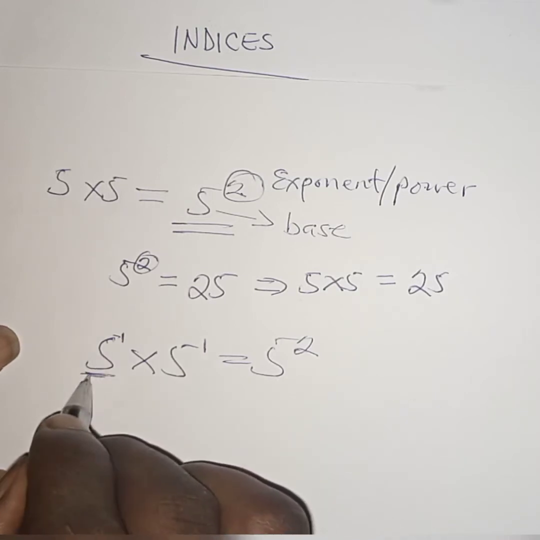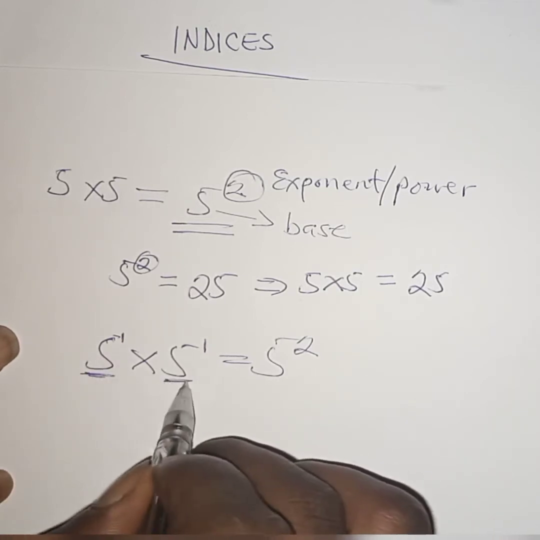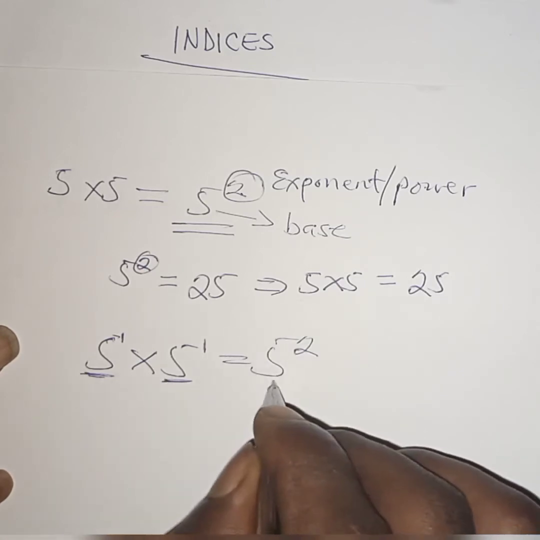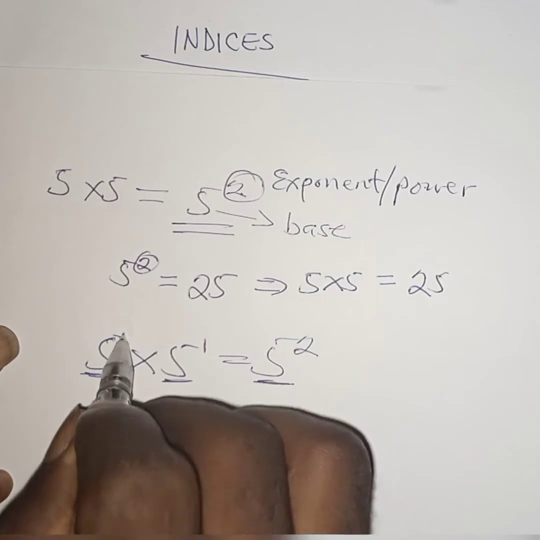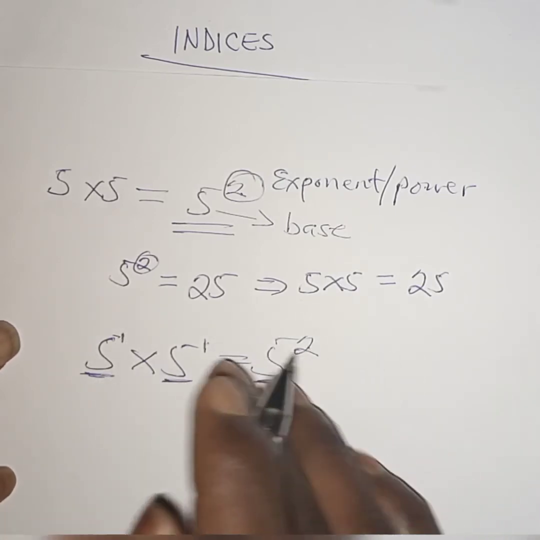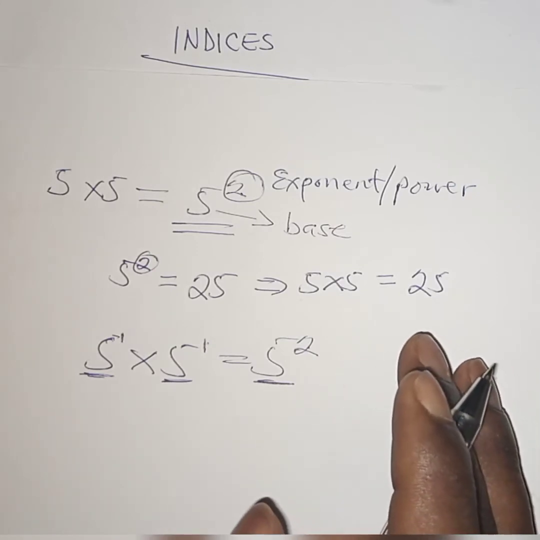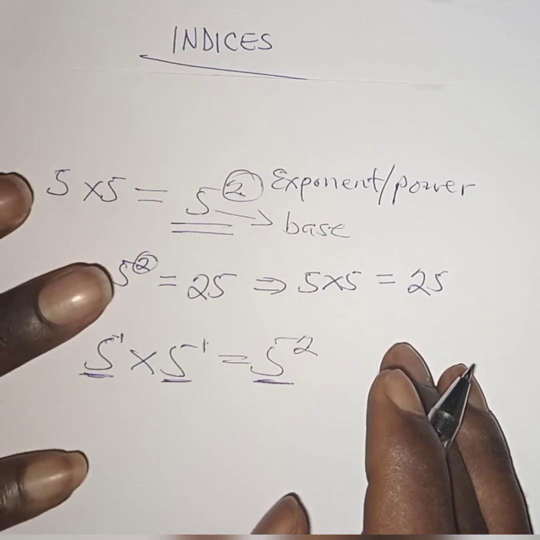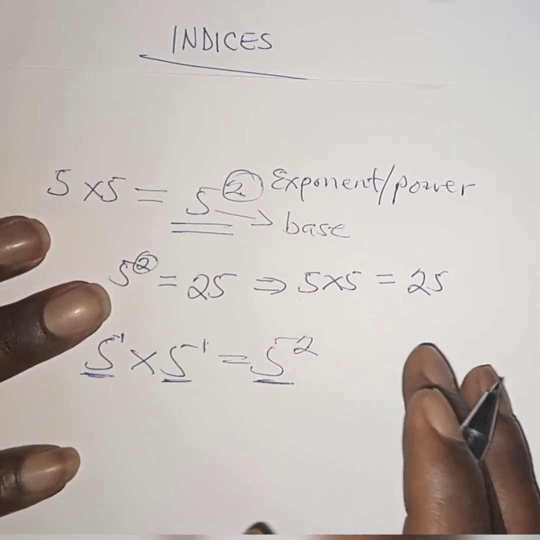We take 1 plus 1, which gives us 2. In a subsequent video we'll cover multiplication of indexes, but today we're looking at indexes in general.